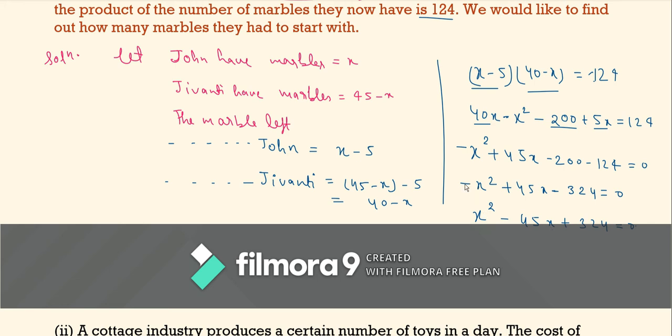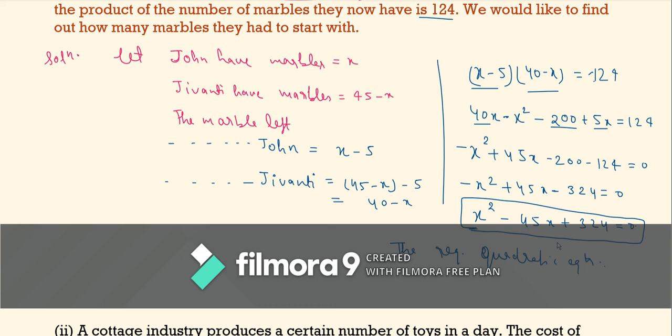What I have done is, because there were two minus signs, I have taken one minus as common, and this is the required quadratic equation. This is the way we find the quadratic equation.